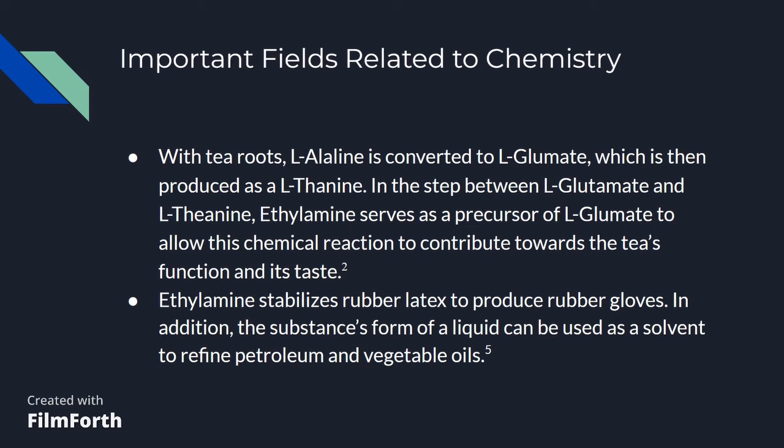So the way this chemical reaction works is L-alanine is converted to L-glutamate, which is then produced as L-theanine. But in the step between L-glutamate and L-theanine, ethylamine takes place within that step to serve as a precursor, which allows this chemical reaction to occur, which also contributes to the tea's ability to do its function and its taste.